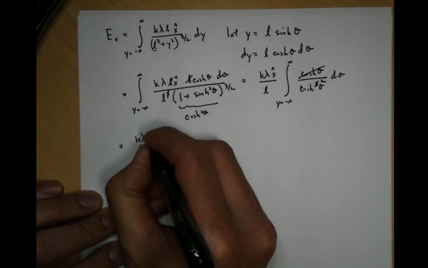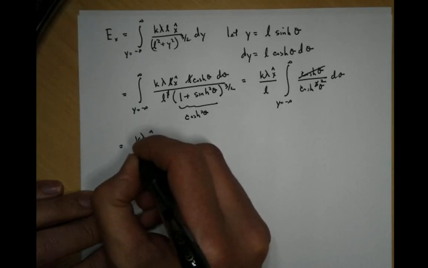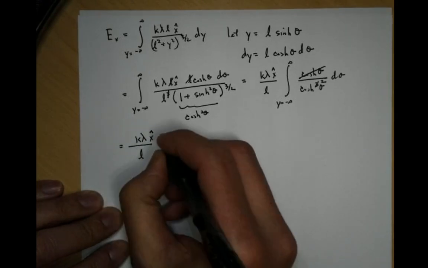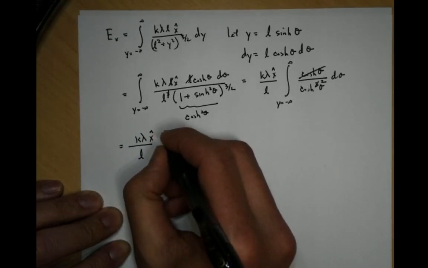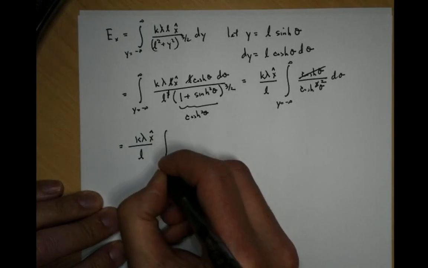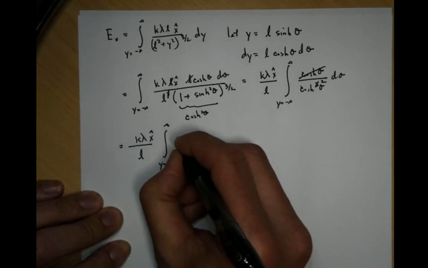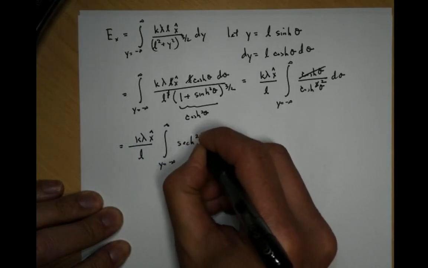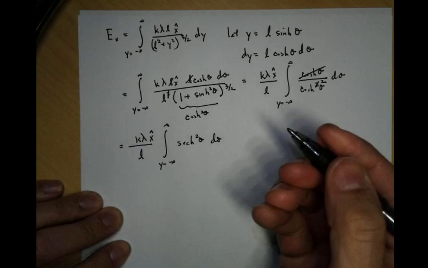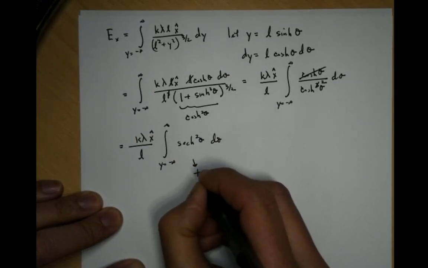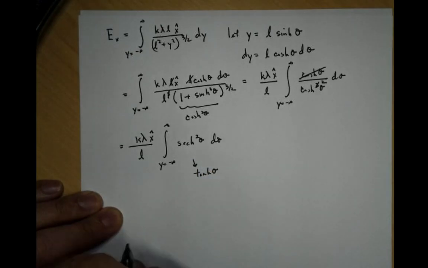This thing turns out to be equal to k lambda x hat over L, and then the rest of it is just the integral of y equals minus infinity to infinity of sech squared theta d theta. The integral of sech squared theta is just going to be tanh theta.